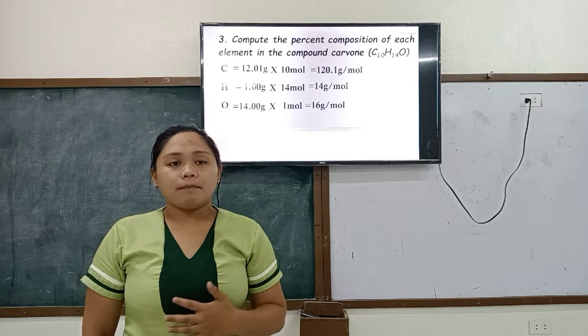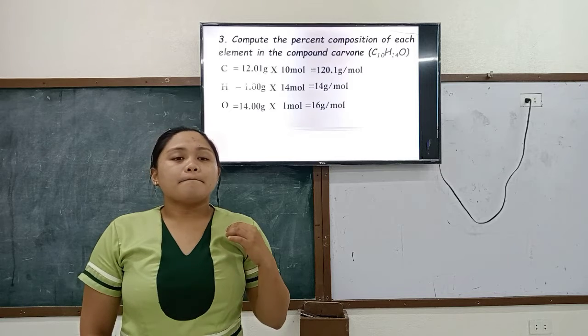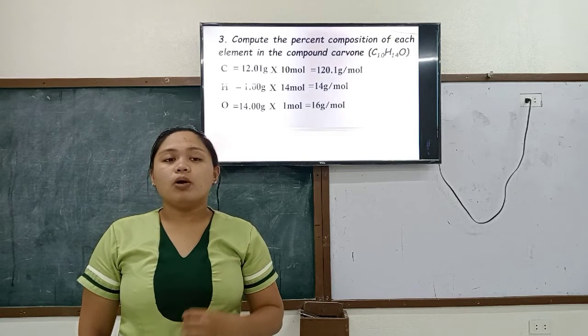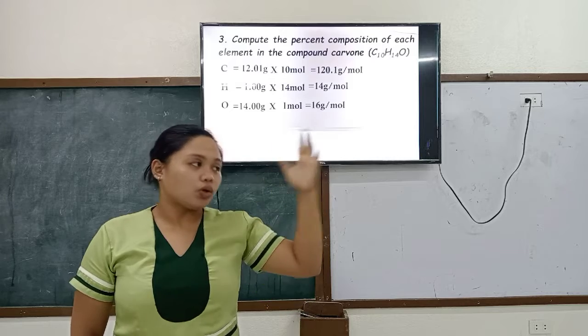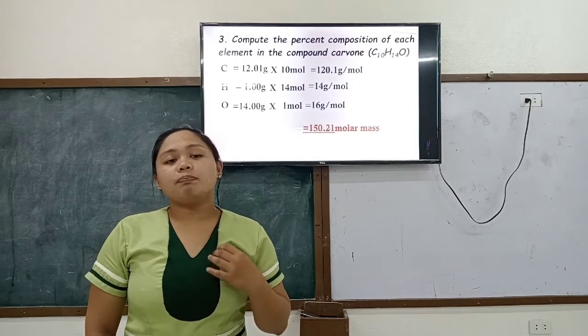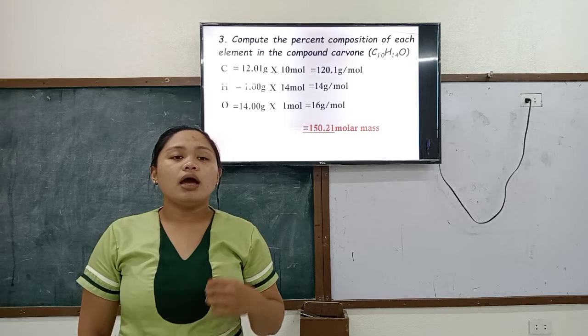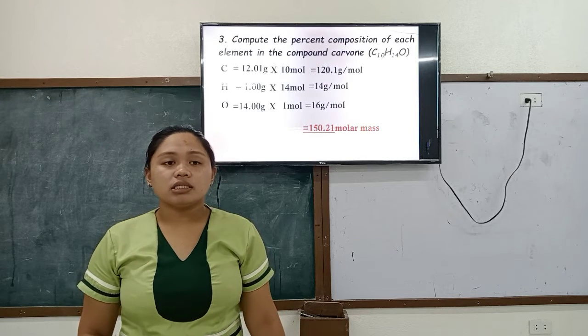Now, we add them. So, 120.1 grams over mole plus 14 grams over mole plus 16 grams over mole. What's the answer? Correct. The answer is 150.21 molar mass. Any questions?